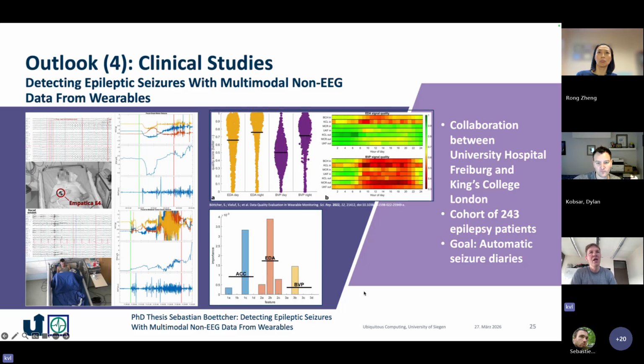And so there we found that some modalities are a little bit more important than others, and also the type of seizure is of course extremely important. Not all seizures are these spastic movements. Sometimes you don't see anything happening. People have an aura and then go through a seizure without that much of physical changes.